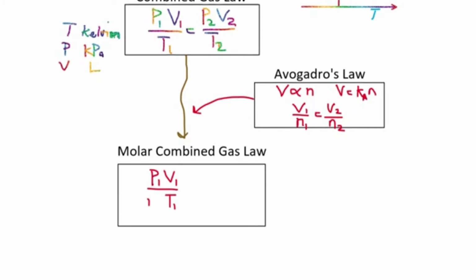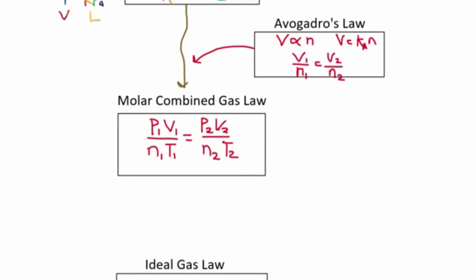So we have our number of moles right there, and then if you want to find any unknown, you will be given 7 knowns and you'll be asked to determine an unknown, V2 over n2 T2 right there. And in this case, n is considered to be the number of moles.